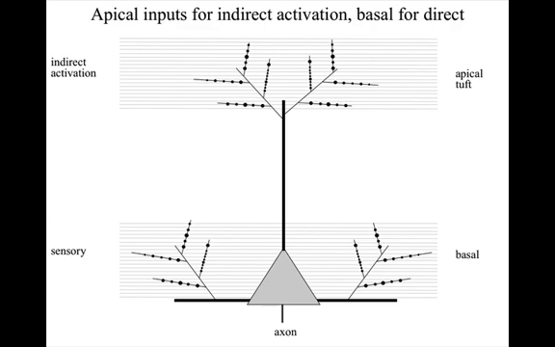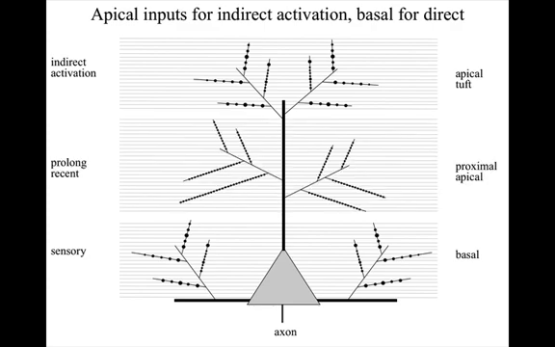Now earlier we discussed the segregation of the receptive fields supporting direct and indirect activation. So if there is a further requirement for activity prolongation, a further segregated receptive field is necessary, perhaps located on the proximal apical dendrites, the region of the apical dendrite that's close to the soma.